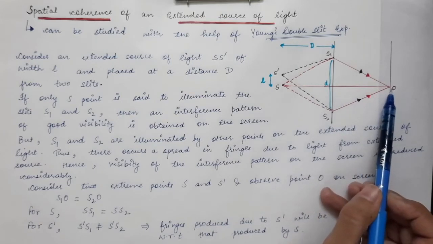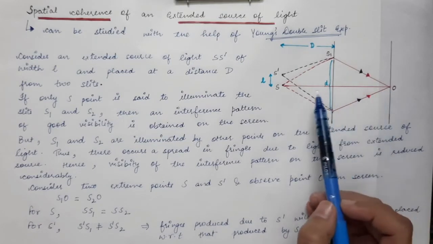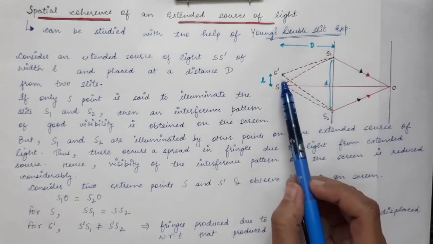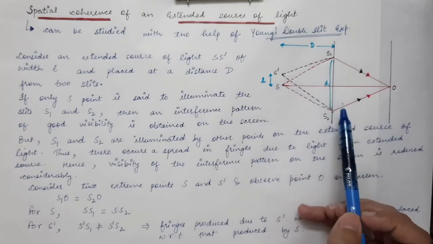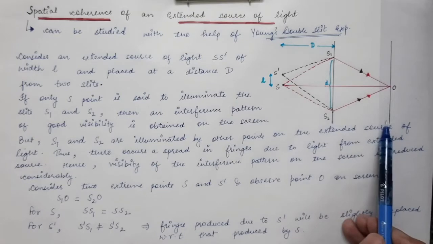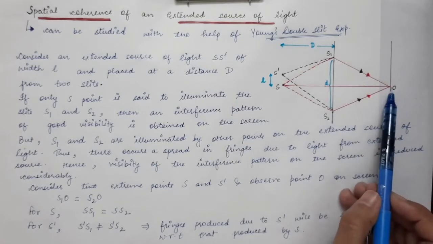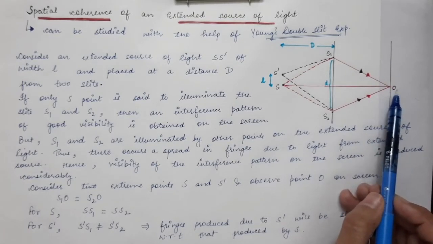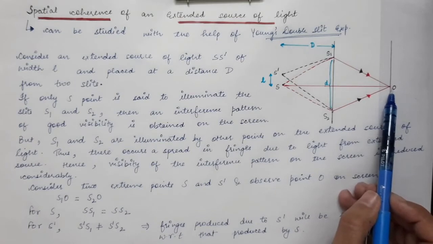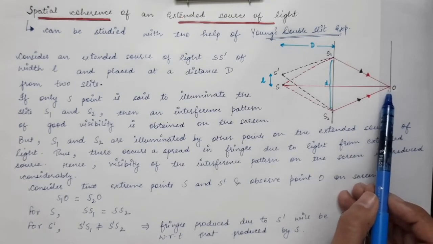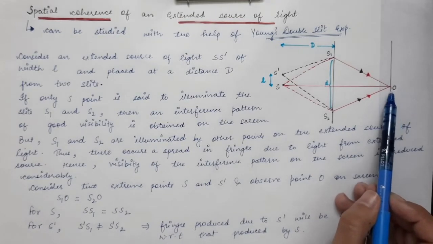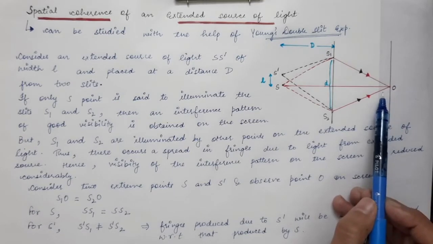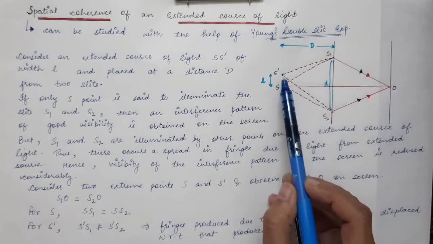So O is the center point, and we make the light fall on the double slit. This is the screen, and we will just observe the capital O point. We will see what kind of fringe will be observed at the O point from these 2 point sources.